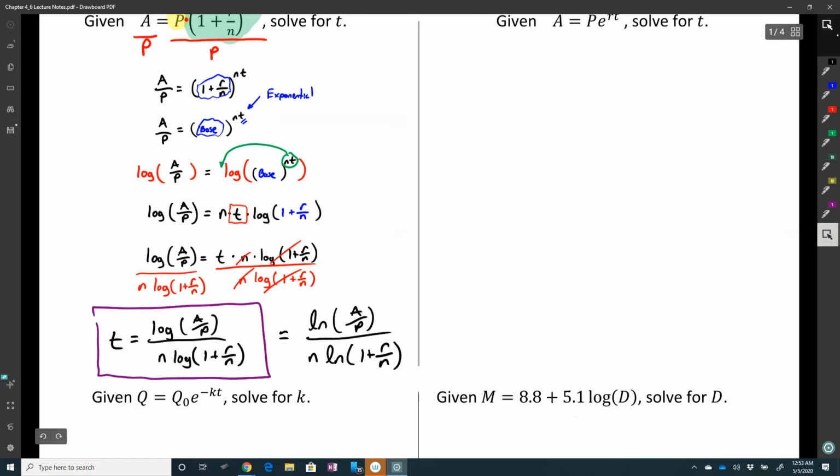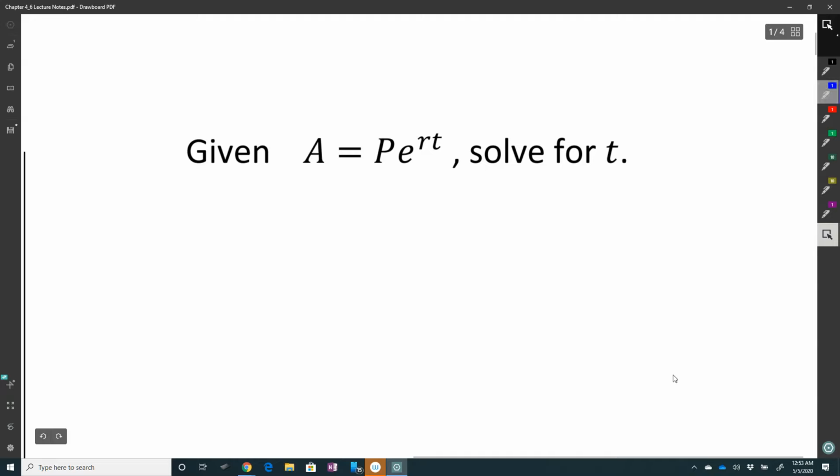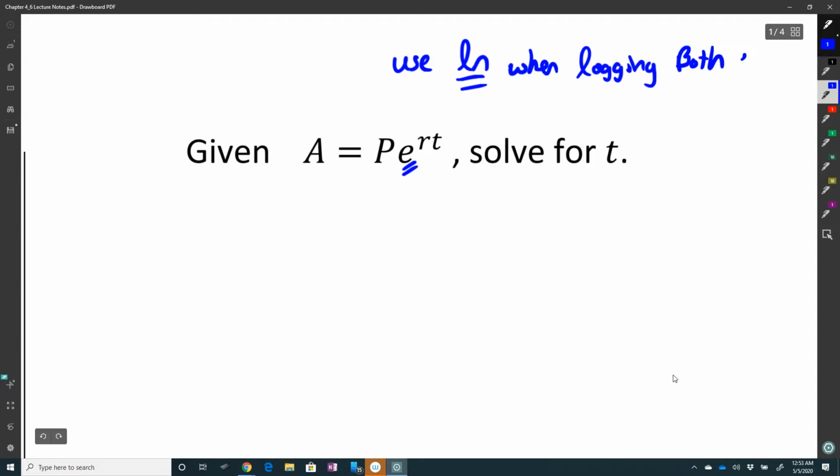So next one. What about the continuous equation? Well, since this one has an e in it, it's going to be best to use natural log, because the ln and e are inverses and they'll cancel each other out.